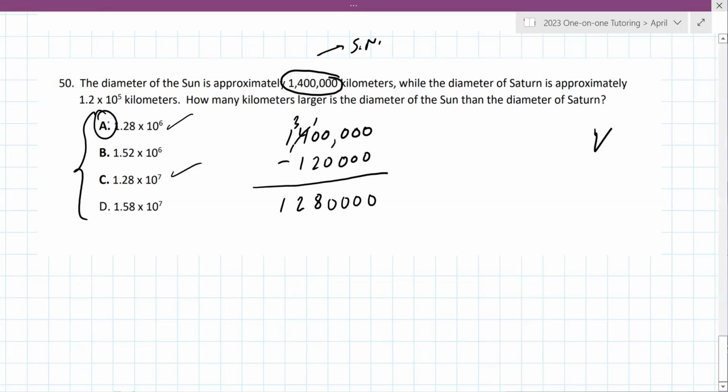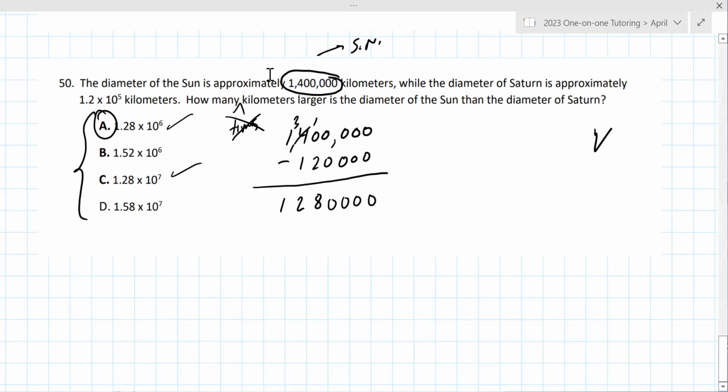Yes, very good. So I was reading the word kilometer, how many times larger is what I kept reading, but it's not that. It's just literally the difference between them. Any questions on that? Nope.